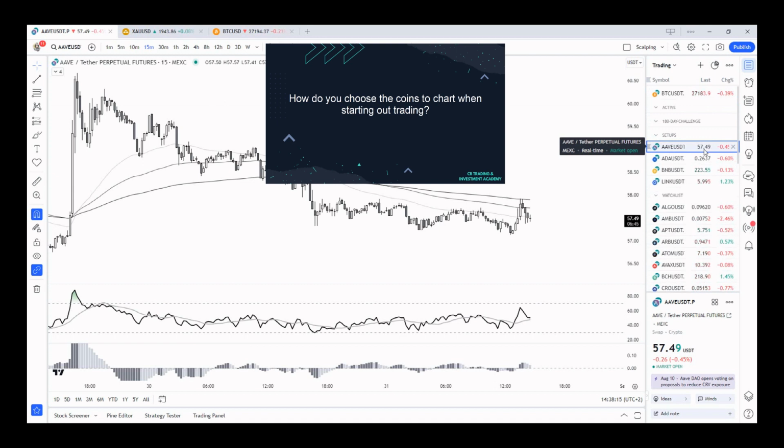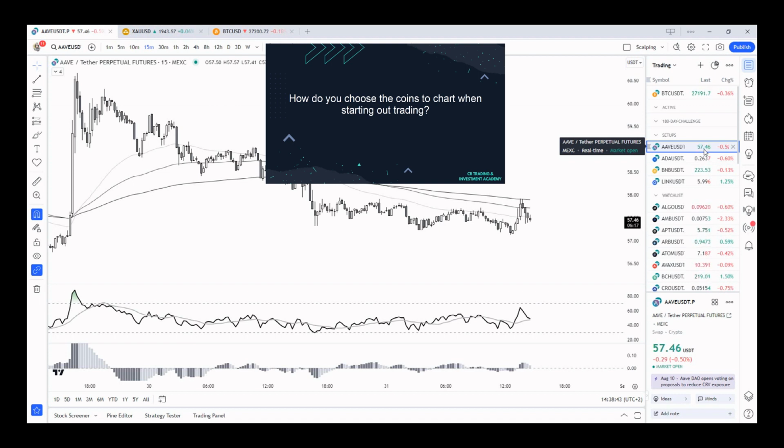When I started out, I just used the top 20 coins. I do that because those coins are more liquid. They have fewer big wicks out of nothing, because if you trade a small cap coin, there only has to be a relatively small buying to make price move.